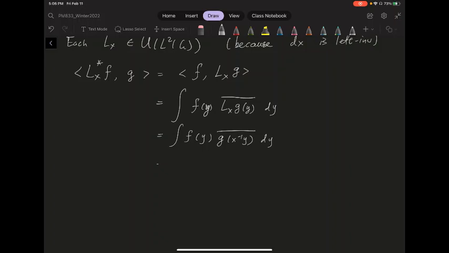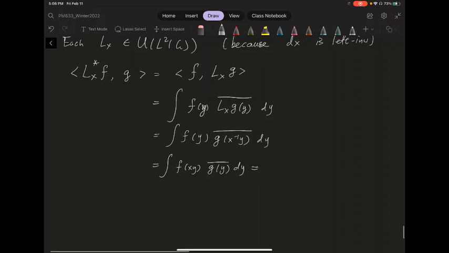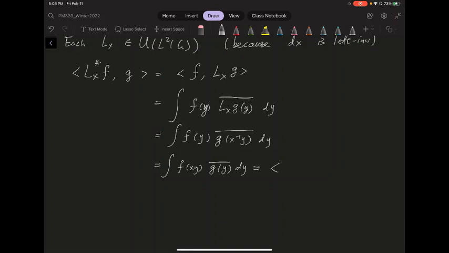Now because of left translation invariance, you can translate y by x, replacing y by xy, so you have f of xy times g of y bar, dy. This is the same as translating f by x inverse, because there's no longer an inverse there, and you have g on the other side. So the adjoint operator Lx star is basically the left translation by the inverse.